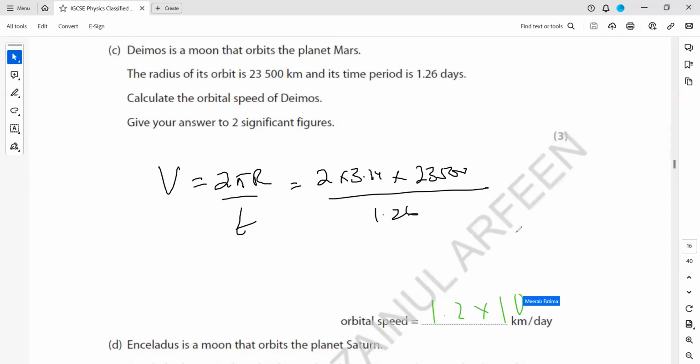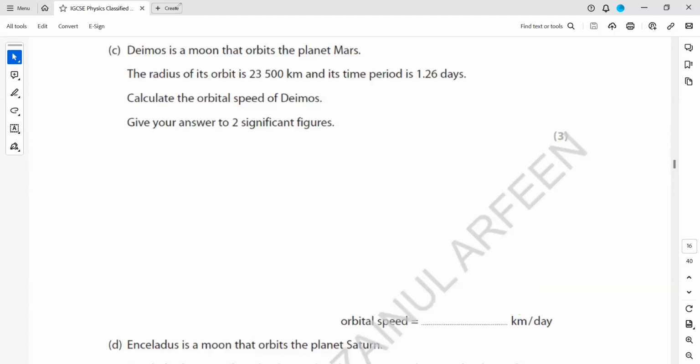So about 1.2 into 10 power 5 kilometers per day, which is 1.17 or 1.2 exponent 5. When you have a very large or a very small answer, write it in exponents, scientific notation.